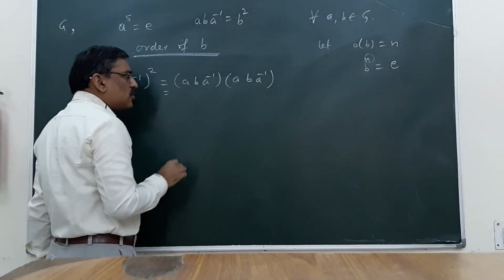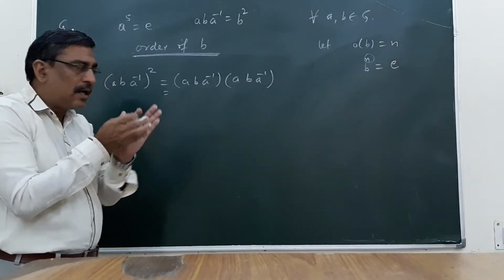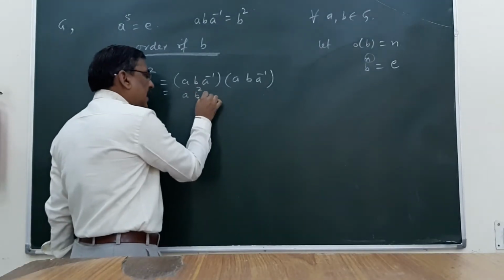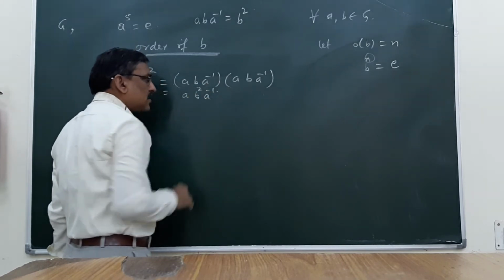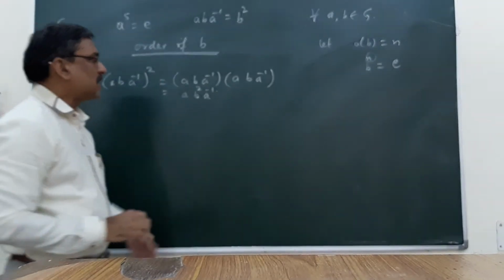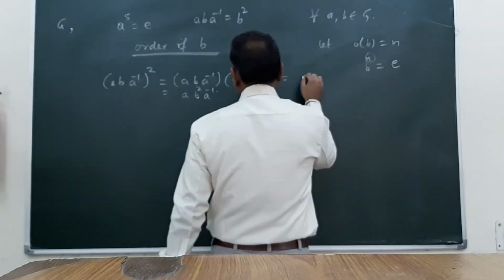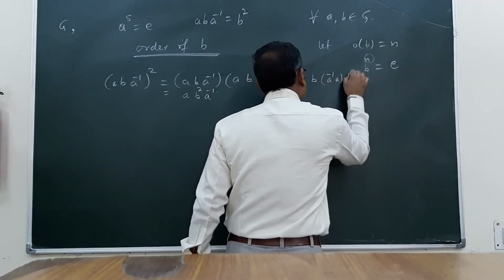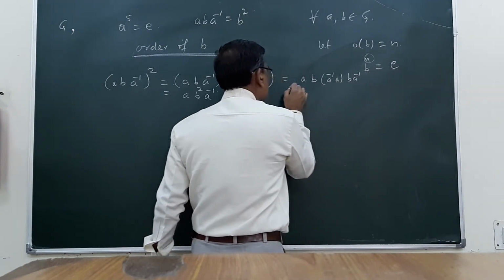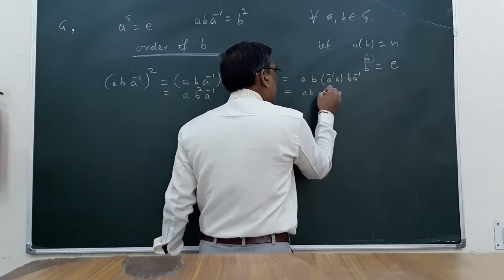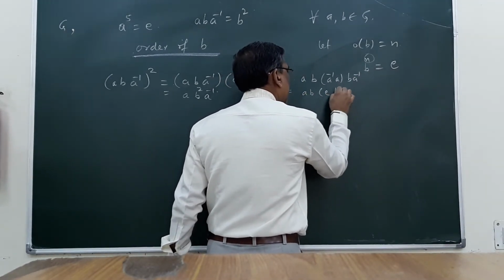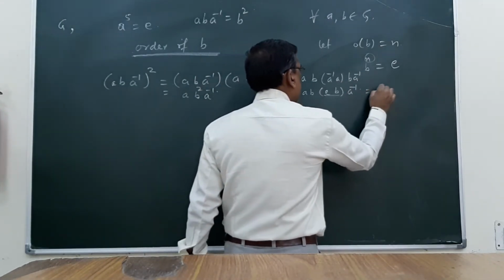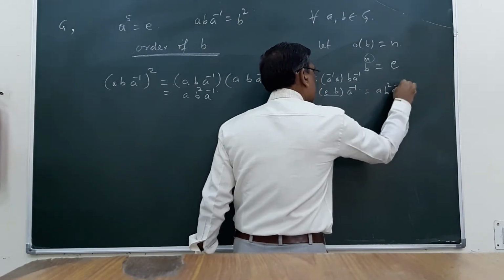Using the associative property and identity, I can write this as a b a inverse a b a inverse, which is a b identity b a inverse, and this is equal to b squared, so I can write a b square a inverse.